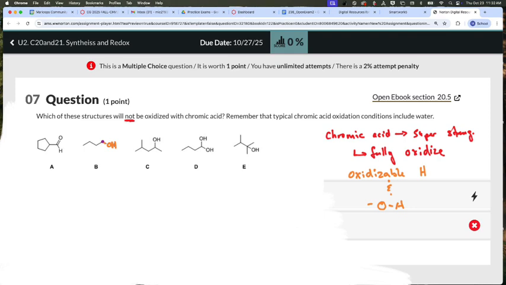Again, not explicitly shown, but according to OChem 1, we should remember that to satisfy the octet, there's two hydrogens there. Does that make sense? So that structure satisfies the conditions that we need, so it should absolutely be oxidized.